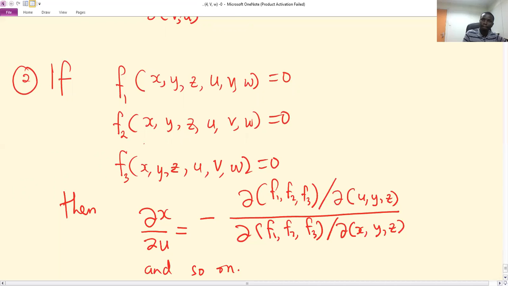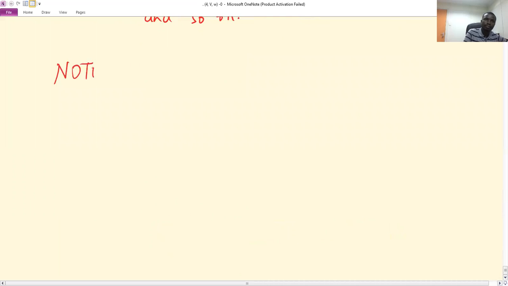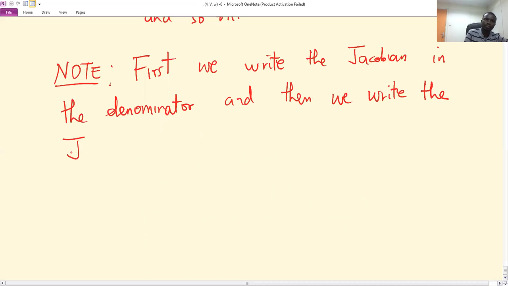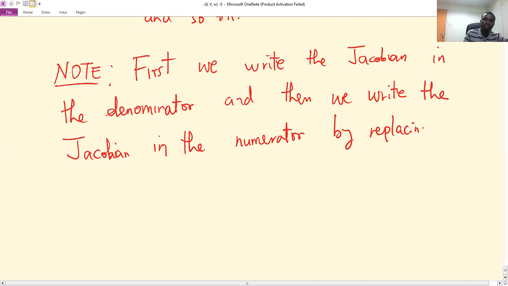So what you have to note here, NB, is that first we write the Jacobian in the denominator, and then we write the Jacobian in the numerator by replacing x by u.